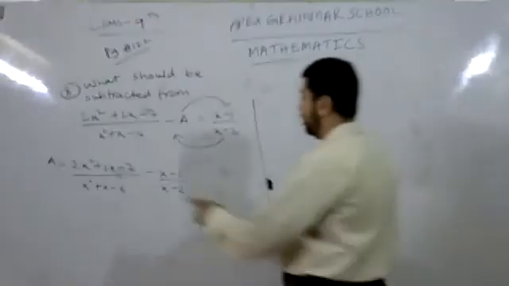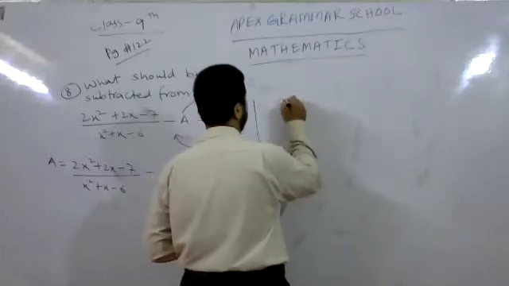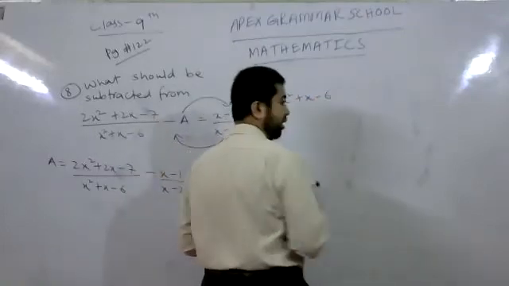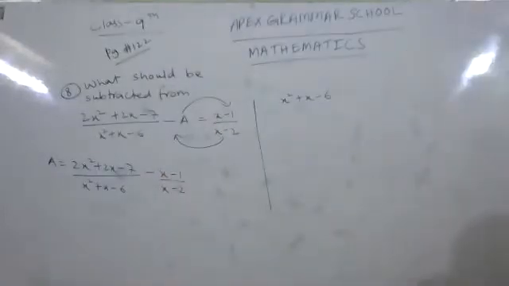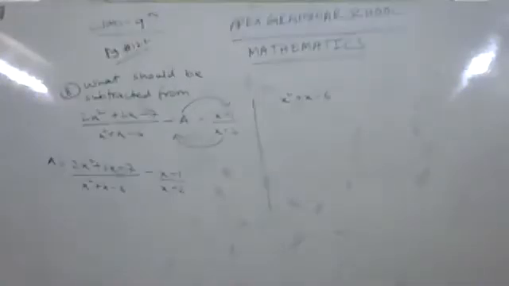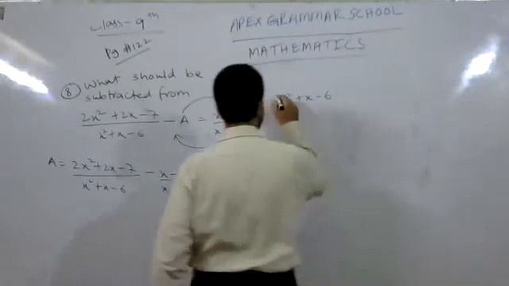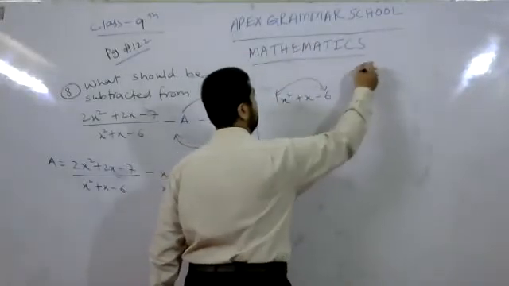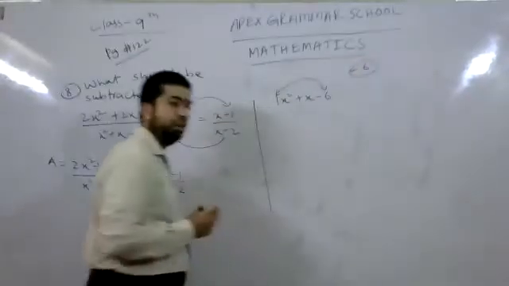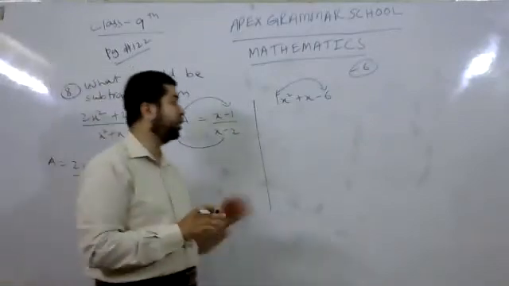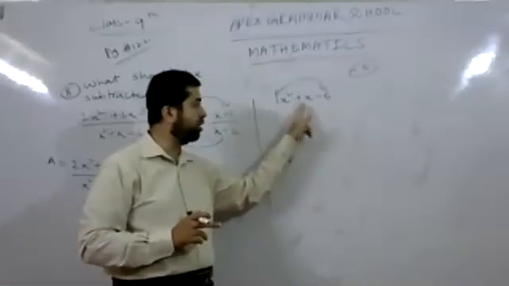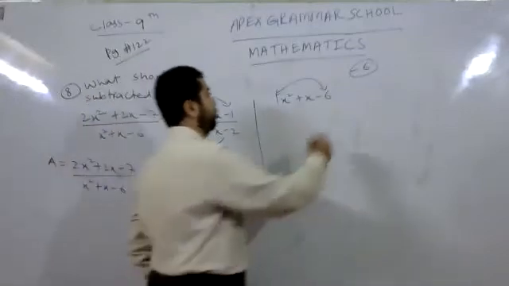Now talking about this x squared plus x minus 6. Its factorization is possible. The x squared coefficient is 1 multiplied by minus 6, answer is minus 6. So we need a pair of numbers whose multiplication answer is minus 6 and whose sum is plus 1, that is 3 and minus 2.